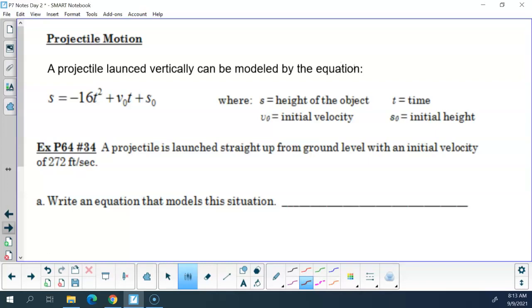Projectiles launch straight up from ground level with an initial velocity of 272 feet per second. Write an equation that models this situation. What do we think the equation is going to be? I'll start us out. s equals.